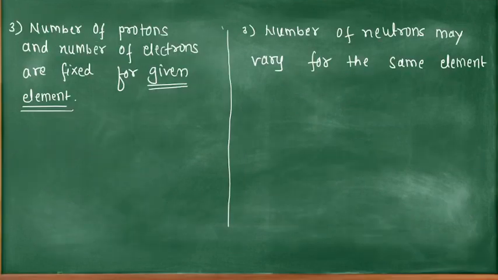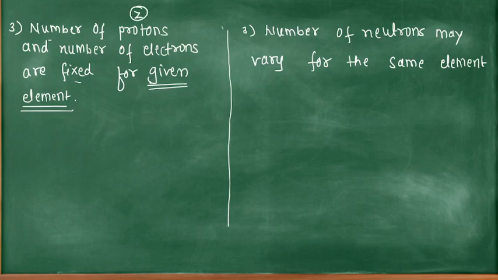Next point: the number of protons and the number of electrons are fixed for a given element. In an electrically neutral atom, the number of electrons is also fixed for a given element. So Z decides the element. If the element is chosen, then its Z is fixed.